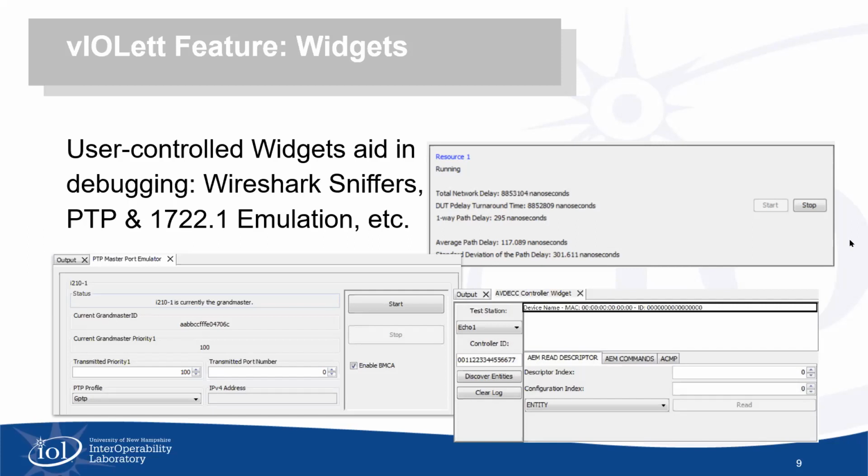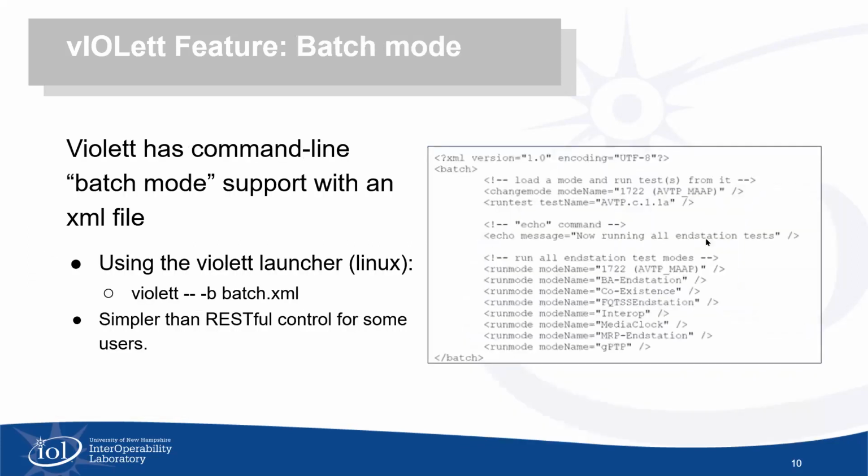And they are also useful, for example, to test 1722.1, to set up tests using vIOLett as your AVDECC controller, and to use vIOLett's hardware timestamping abilities and to emulate gPTP so that you can, for example, set up some other test from that same computer, but rely on vIOLett to make sure that everything stays synchronized.